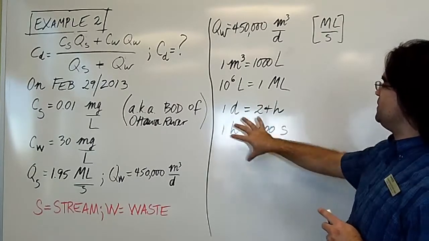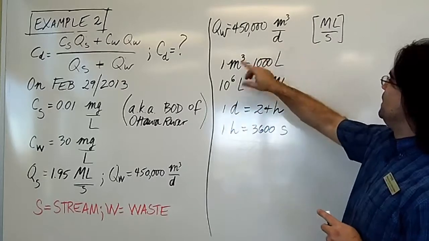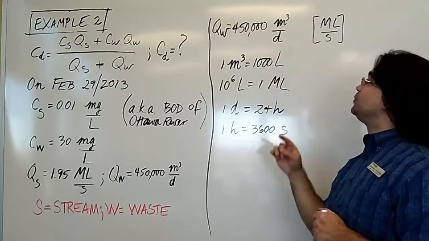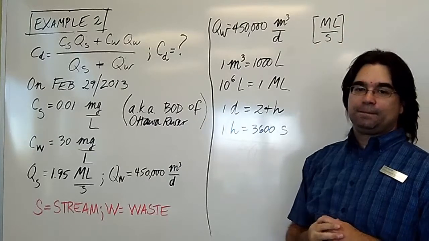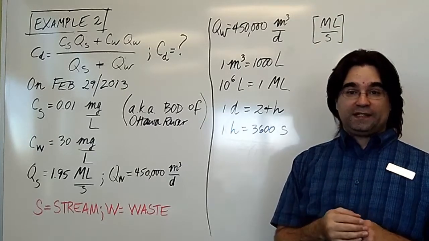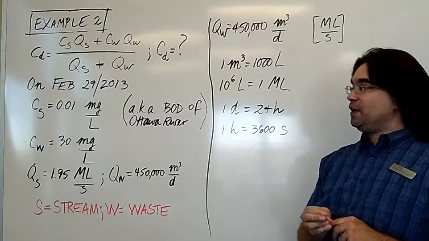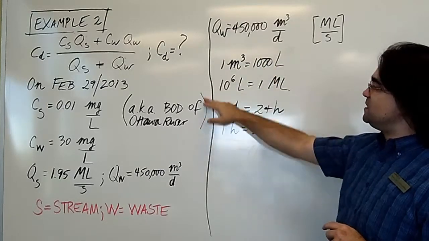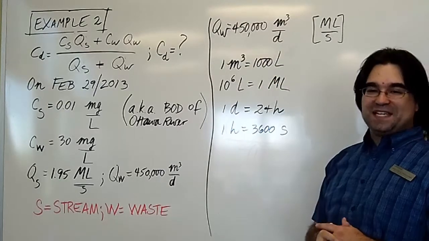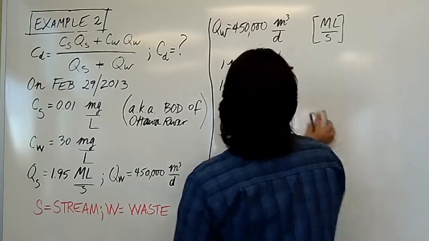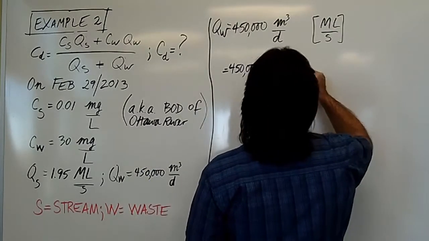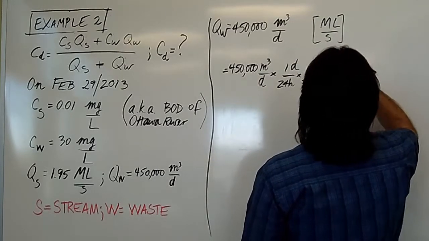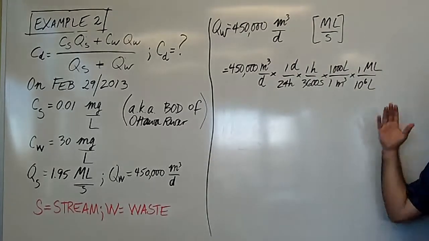Now if I take all of this and plug it into here appropriately, I can convert this from cubic meters per day to megaliters per second. What I'll do is I'm going to write it out and then write down the final answer. But I am going to erase this because I need the space. Voila.